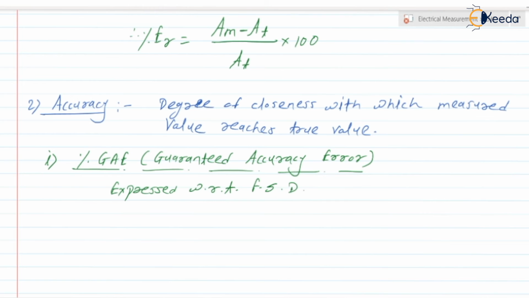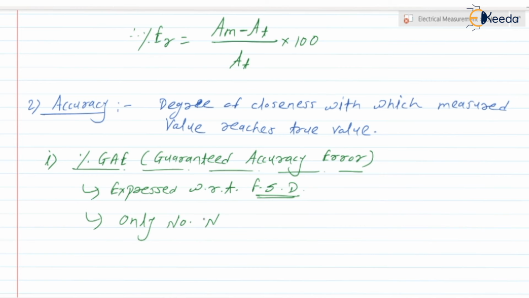Be careful, it is expressed in terms of full scale deflection, not in terms of true value. And it is percentage guaranteed accuracy error when accuracy is represented in percent GAE form. Then only a number is given, no sign.